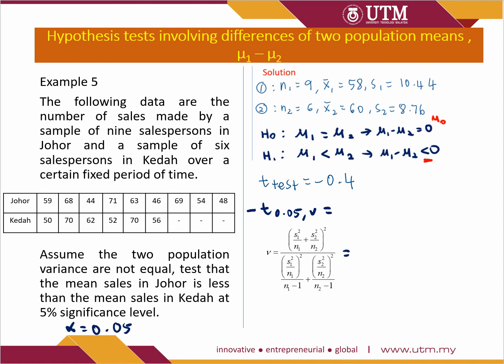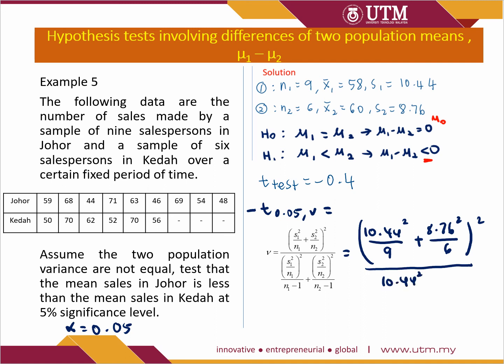Now just substitute all the values into this. So you get 10.44 squared over 9 plus 8.76 squared over 6, and this whole is squared, over 10.44 squared over 9 over 9 minus 1, which is 8, plus 8.76 squared over 6, and this whole is squared over 6 minus 1, which is 5.